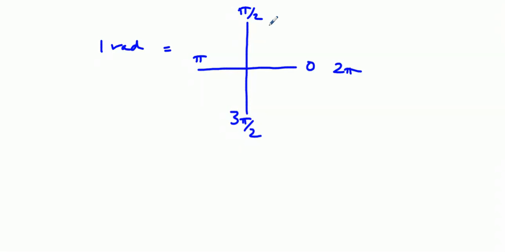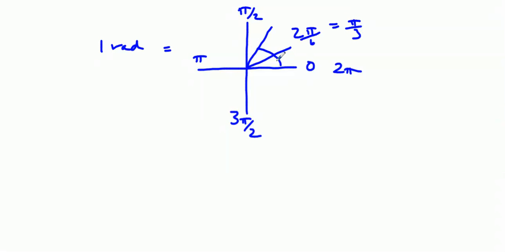So I know 1 radian is between 0 and 90 degrees. If I broke this into thirds, each of these thirds is going to be a pi by 6. And if I had 2 thirds, I would have 2 pi by 6, which is pi by 3.